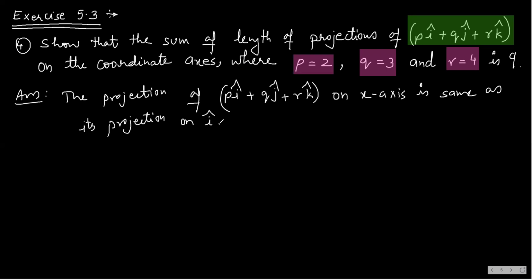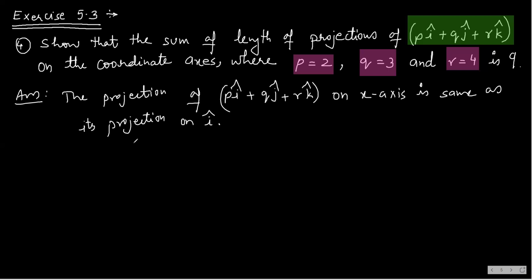Try to understand this. Why so? Because you know I cap is a vector which is in the direction of x-axis. Okay, so what I have written here is that the projection of the given vector on x-axis is same as the projection of this given vector on I cap.